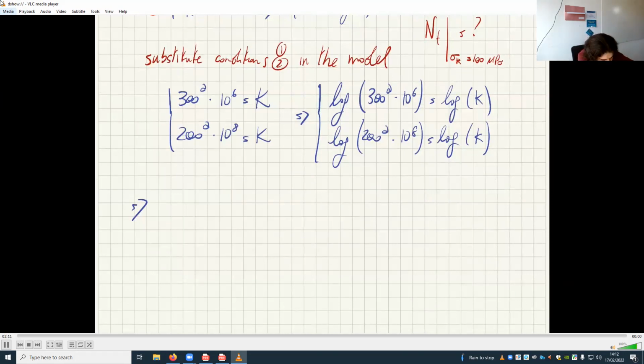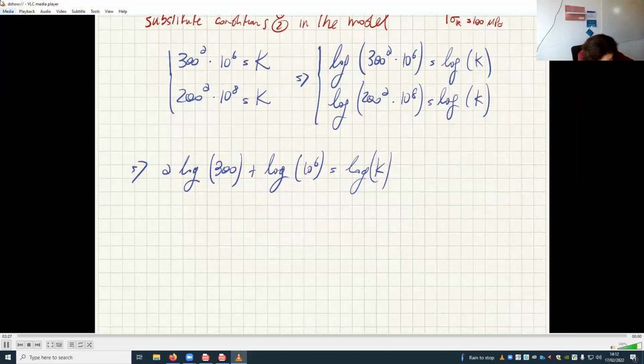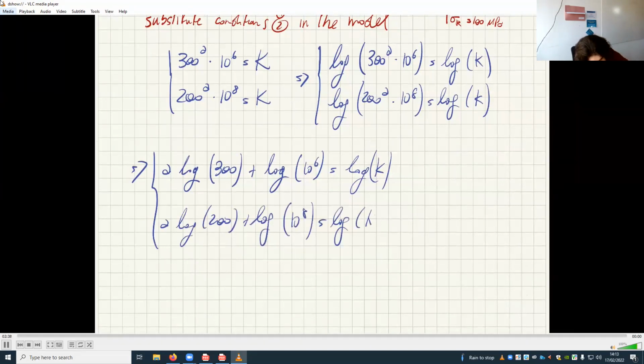Basically, this looks like log of 300 plus log of 10 to the power of 6 equals log of k. That's equation 1. Equation 2 is log 200 plus log 10 to the power of 8 equals log of k.